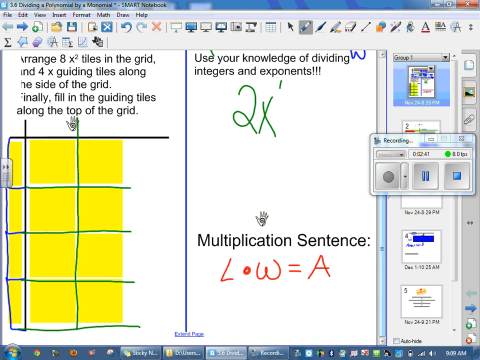If I put a line right here on the top, what should be sitting up top there? 2 x's. Let's find out. So our answer we got was 2x, and the answer we found here was 2x.